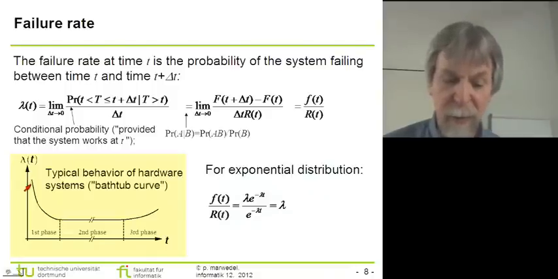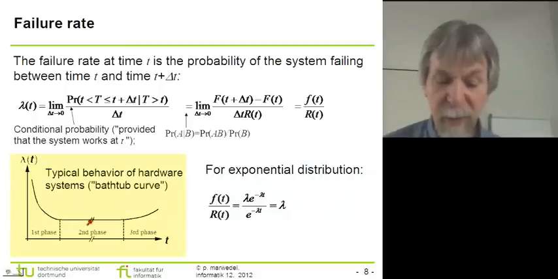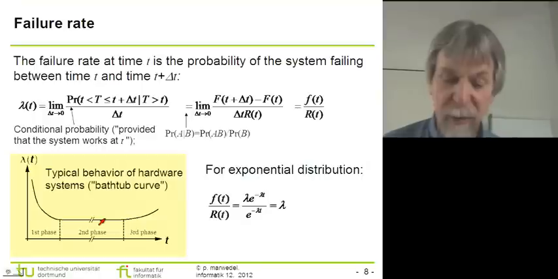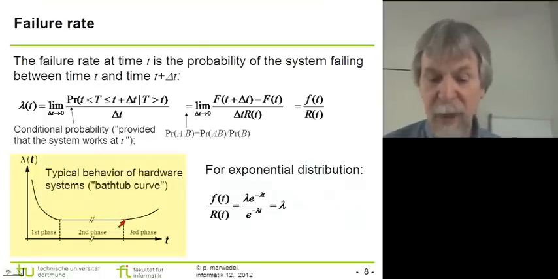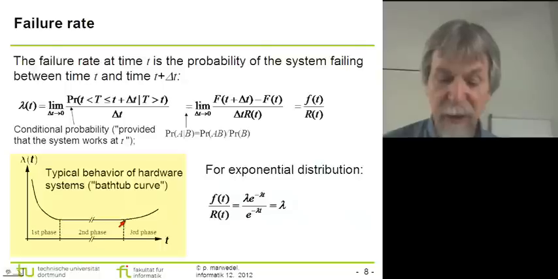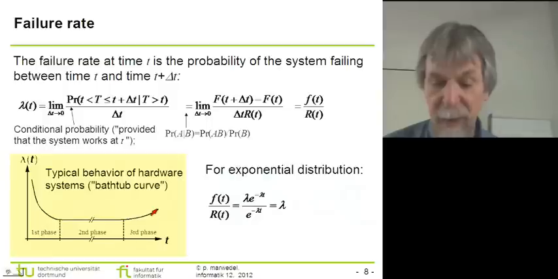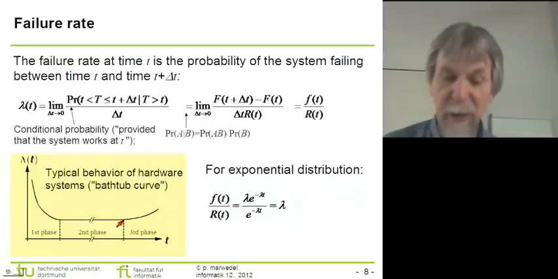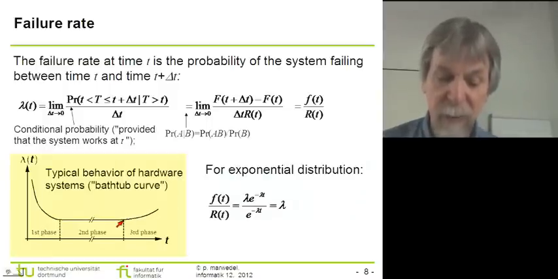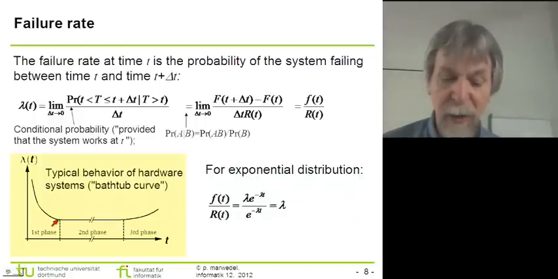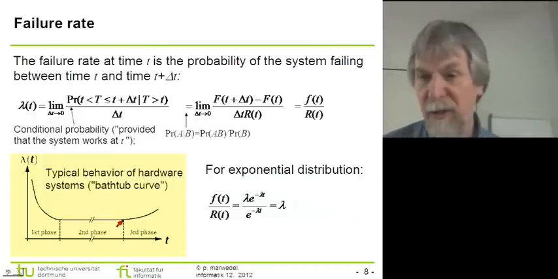So due to infant mortality, we have these large amounts of failures. And then we have the stable situation where indeed the failure rate is constant. And then at the end of the lifetime of that product, we have wear out, and due to the wear out, the failure rate is increasing again. So from this we can observe that the exponential distribution is an appropriate model for the second phase of the use of our product.